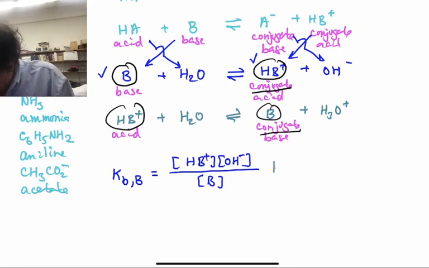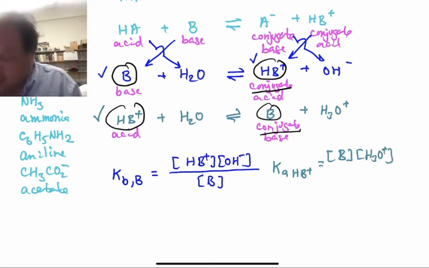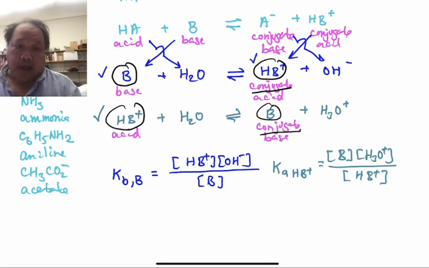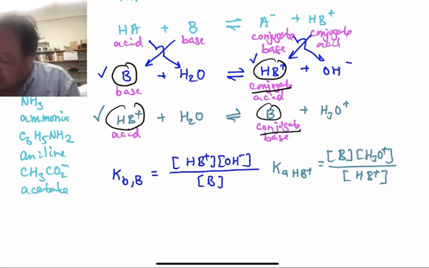The Ka here, the acid is HB plus, and its products are B times H3O plus, divided by its reactant, HB plus. And it'll be very helpful to have some nomenclature.